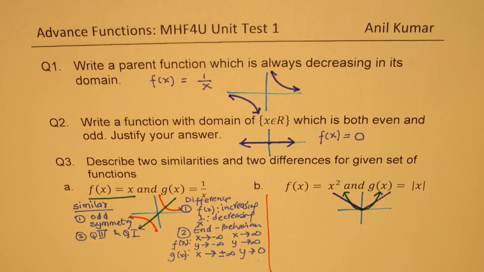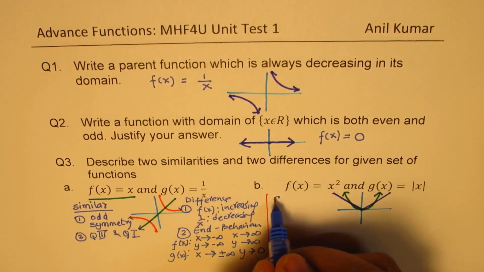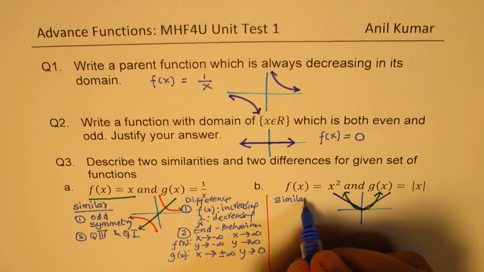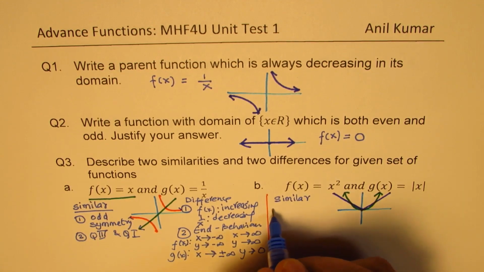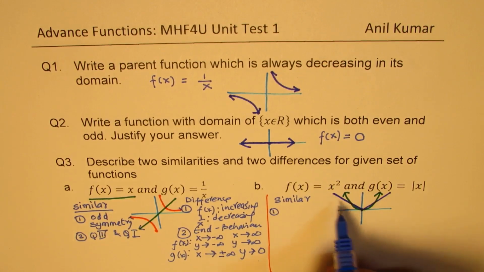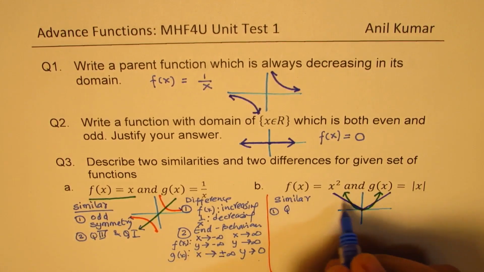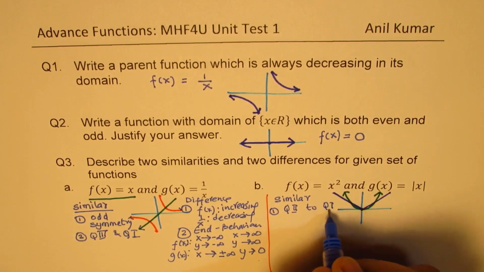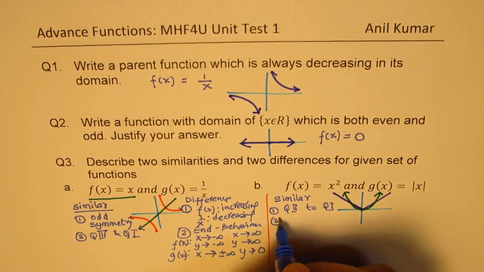So as far as the similarities are concerned, we can write many similarities here, right? So let's list two of them. One of them is that they are in quadrant 2 to quadrant 1, right? So that is a similarity.